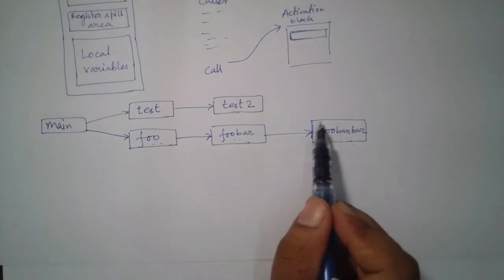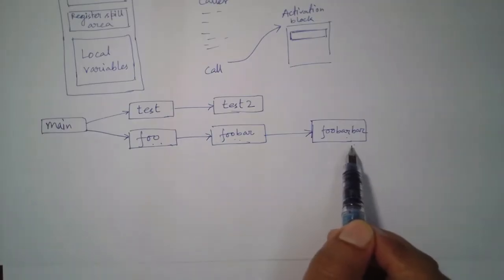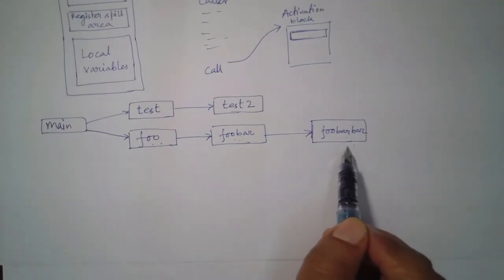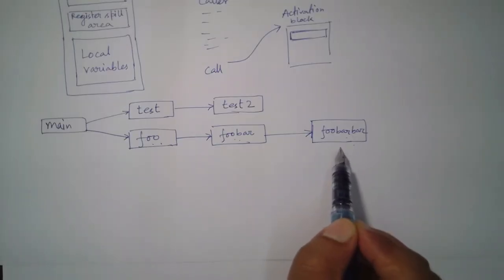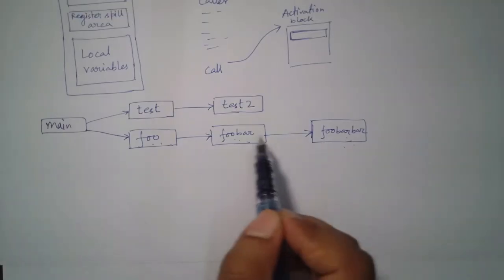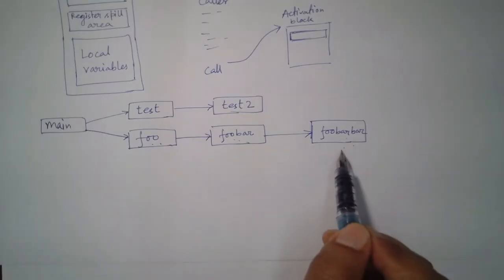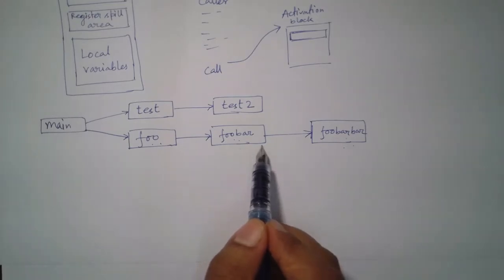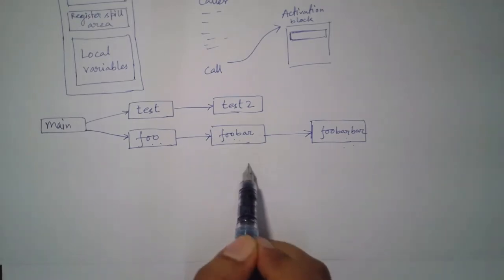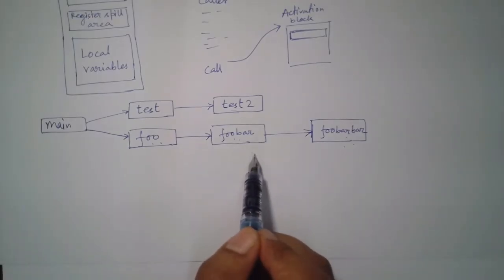And then once I am done with this function, I will be reclaiming this activation block, or basically deallocating that memory. So, you see that I will create this activation block latest, and I will also deallocate it first, before any other activation blocks get deallocated. So, once I deallocate that, then I come back here and execute, and once that is done, then I deallocate the activation block for this one, and so on.